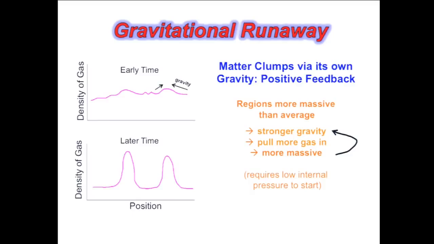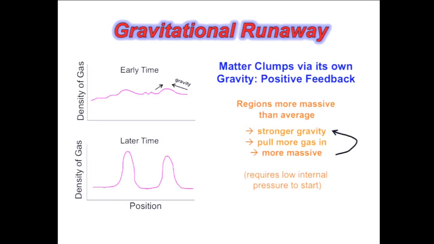And so as time goes on, this tiny difference from one region to another gets amplified. The differences get bigger and bigger as time goes on. And so what started off as a small difference in how much stuff there is from one region to another gets bigger and bigger as time goes on.